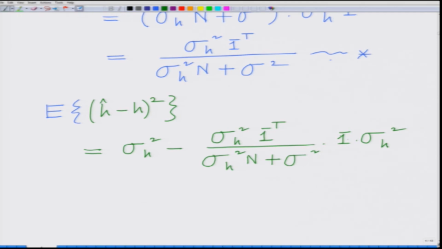Now, look at this 1 bar transpose into 1 bar, this is basically equal to n.